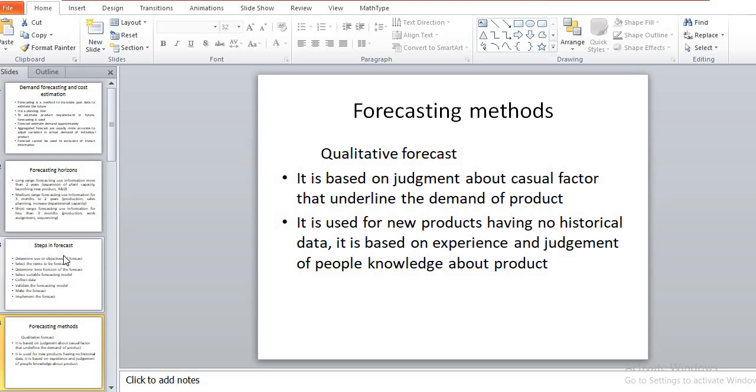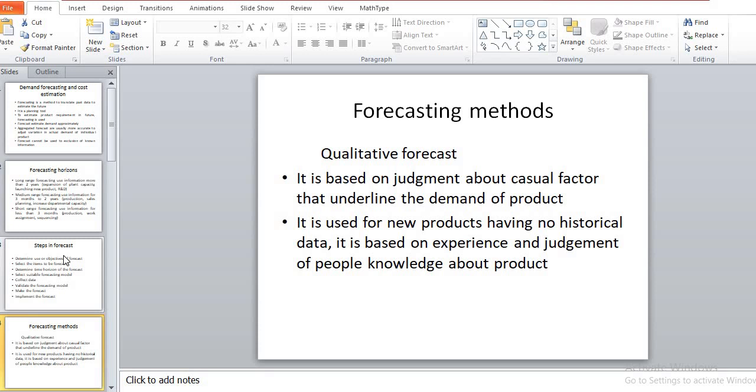It is used to formulate a forecast for new products. So generally for new products, as the name suggests, we use qualitative forecasting, because for a new product, previous data for similar products is not available.